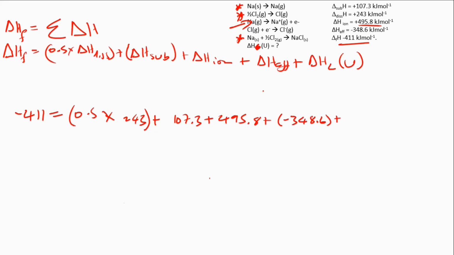Oh, this is the unknown. So I'm just going to put delta H lattice energy, or U. And then I'm going to see if I can work with these values.